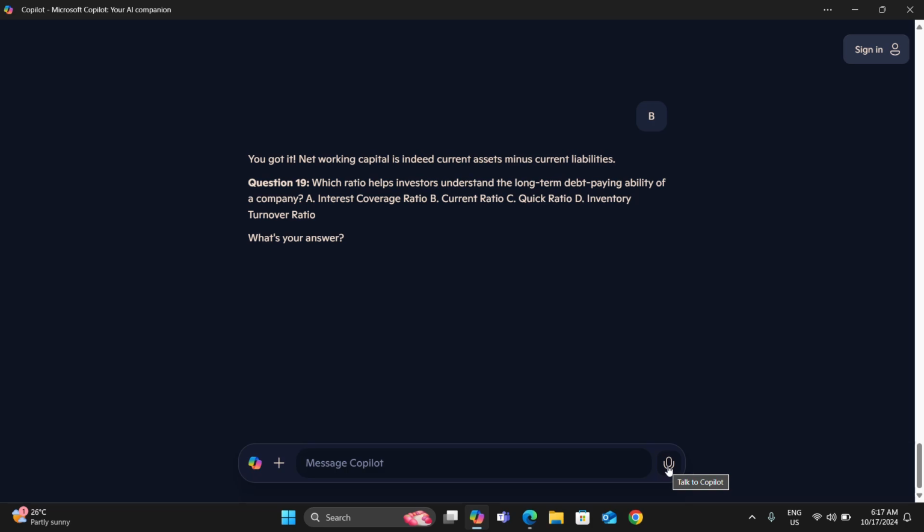So basically, that's net income before deducting any interest expenses and before deducting tax expenses over your interest. So I guess that's the answer. But let's take a look at the others. Current ratio, quick ratio, those are liquidity ratios. And inventory turnover ratio is related also to the working capital or liquidity ratio. So let's have A.